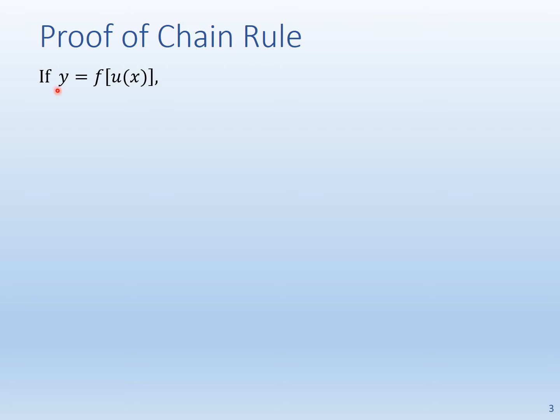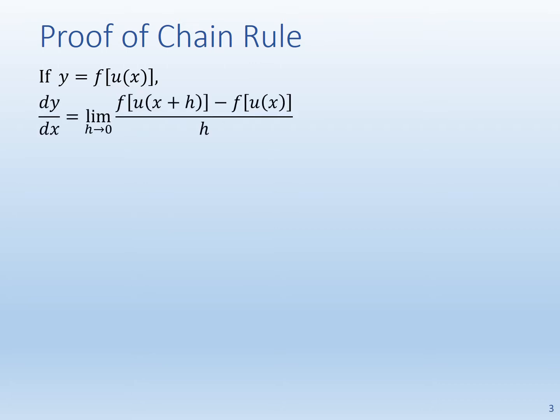If we have y as a function of some other function, so f of u of x, we can then find the derivative from its definition, and that is the value of y at x plus h minus the value of y at x, all divided by h, and we want the h to approach 0.